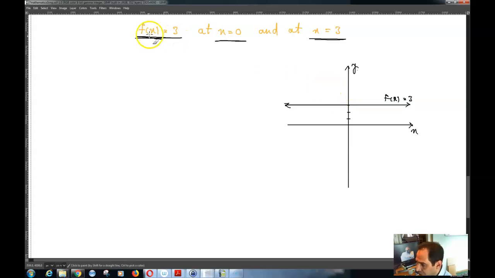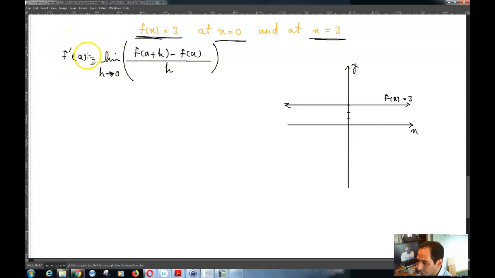In the computation, we said that f prime of a is equal to the limit of f of a plus h minus f of a over h as h tends to 0. So the derivative of the function at some point a is equal to the limit of f of a plus h minus f of a over h as h tends to 0.